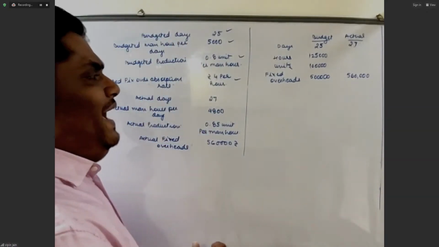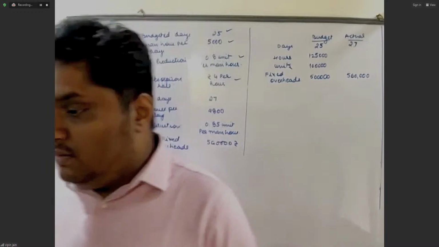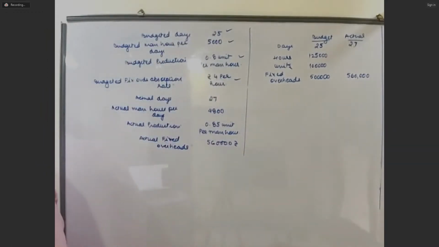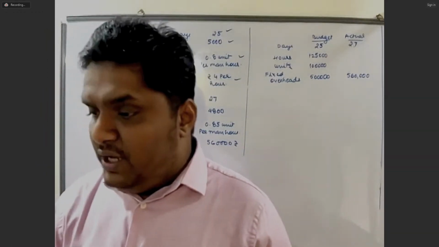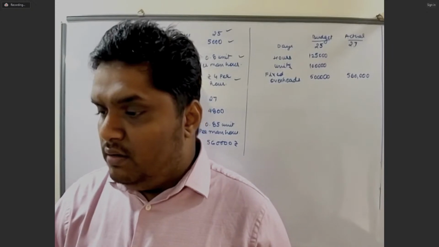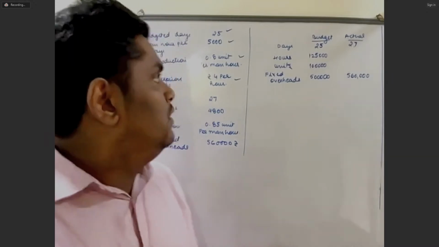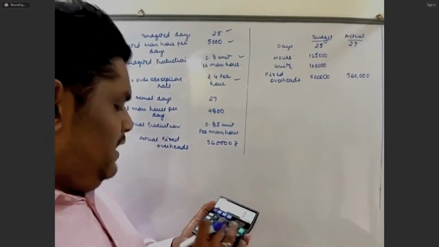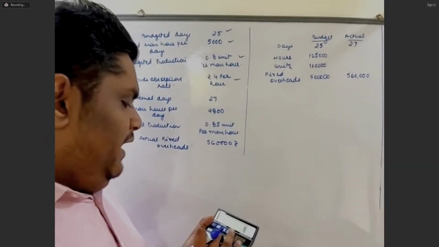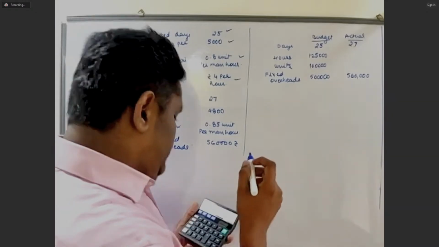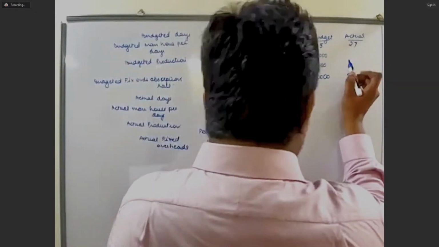When talking about the actual hours, very good, Vishali. Let me check. Very good, Diksha. Very good, Sushil. When talking about the actual hours, it is 27 days and 4,800 per day. So this will be 129,600.